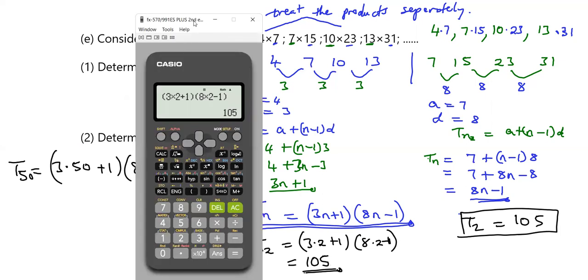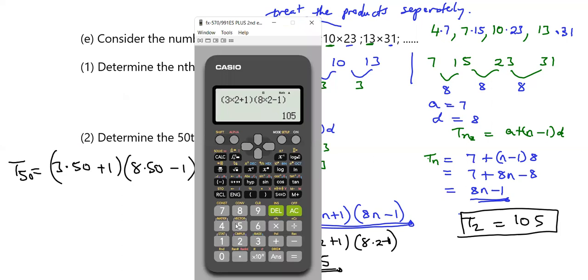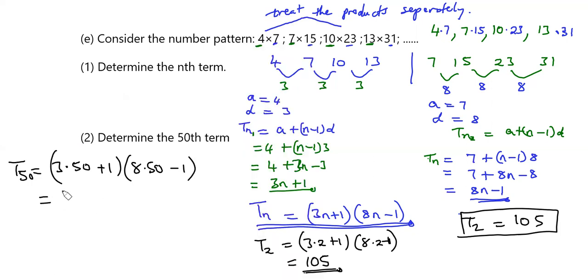We open the bracket here, 3 times 50 plus 1, we close, we open another one, 8 times 50 minus 1, we close. Okay, then what do we get? 60,249. Okay, that's our final answer like that.